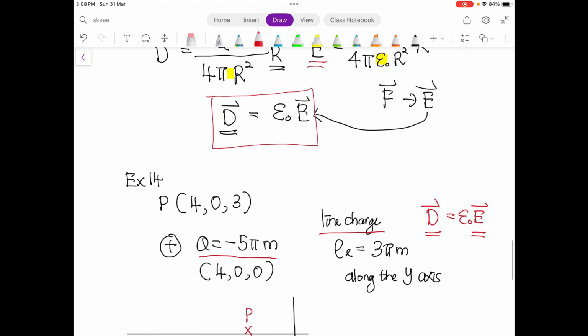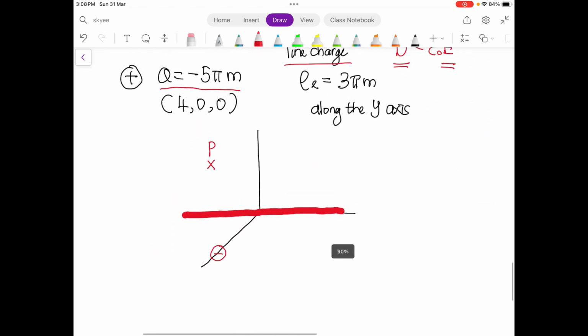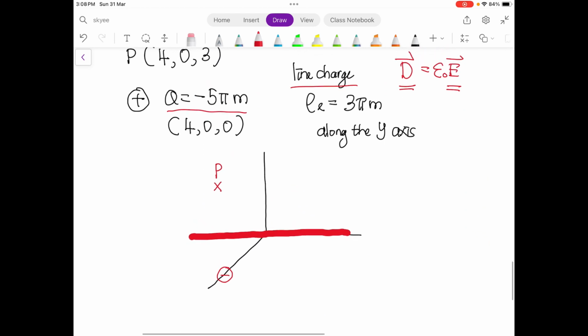If you get it from the E first, let's see if I find the D from the E. If you have to find the total E, it will be E1 plus E2, that is, E from the Q and E from the line.